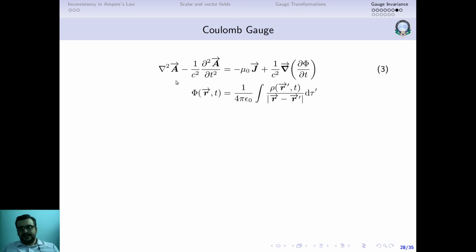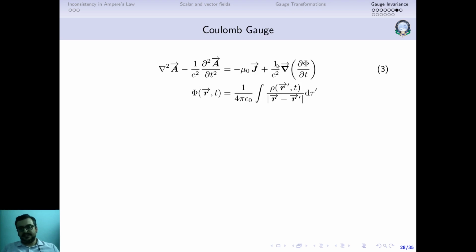Going back to equation number 3, the right hand side is an irrotational quantity because it features the gradient of some scalar field. A gradient of a scalar field can be used for a vector field if that vector field is irrotational.